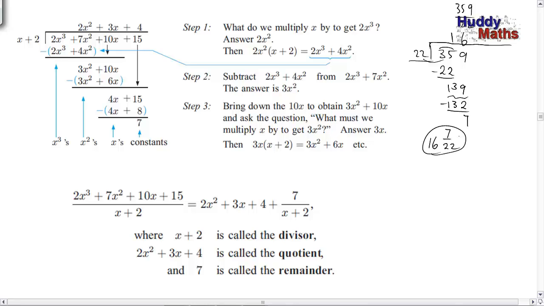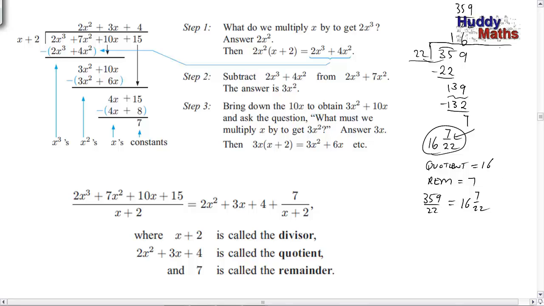A fraction is left. What we say here is the quotient, the number of times it actually goes, is 16, and the remainder is 7, or we can say 359 over 22 is 16 and 7 22nds.